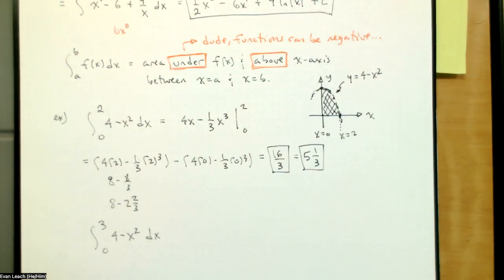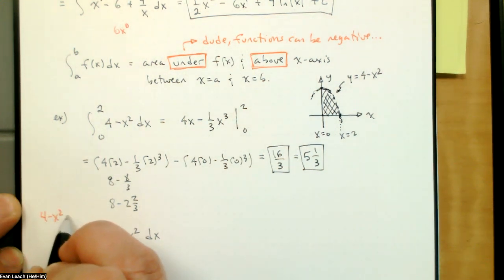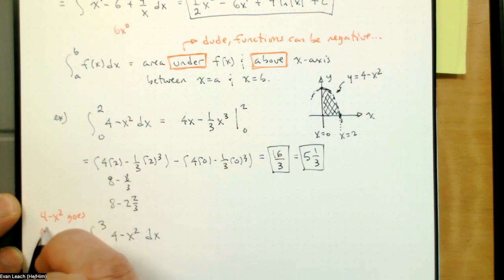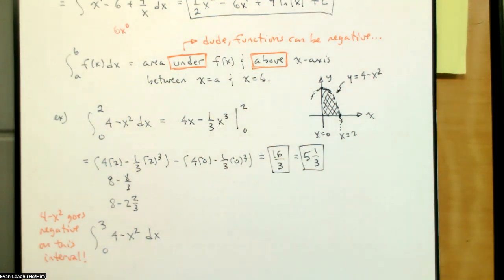So the interesting thing, the new thing in this example, is that the function goes negative on this interval. So let's find out what happens.